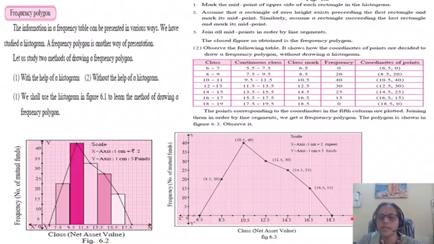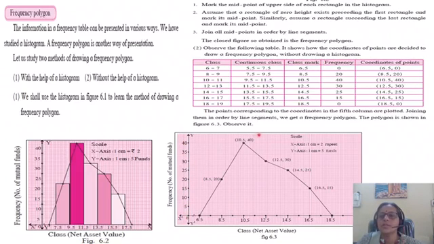Note down x', y', origin O. On the x-axis, write the scale: 1 unit is equal to 2 rupees, 6.5 to 8.5, 8.5 to 10.5, 10.5 to 12.5, 12.5 to 14.5, 16.5, 18.5 and so on. On the y-axis, 1 unit is equal to 5 frequency: 0, 5, 10, 15, 20 and so on.